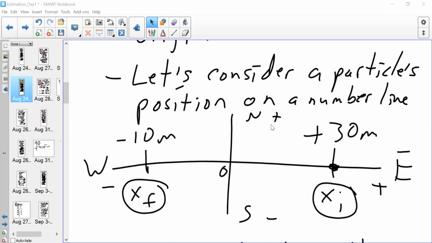The plus and minus signs are not going to be representative of integers as we know in math. In math, it's an integer, but in physics, we're going to take that integer and translate it to something real. So plus 30 in physics means I'm 30 meters to the east. Negative 10 meters means I'm 10 meters to the west. That's pretty much all there is there.